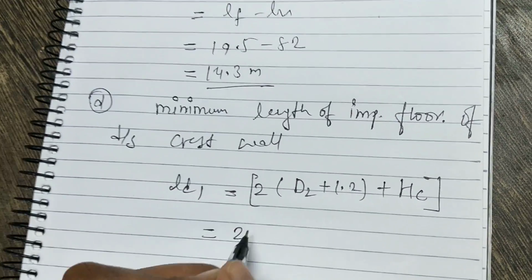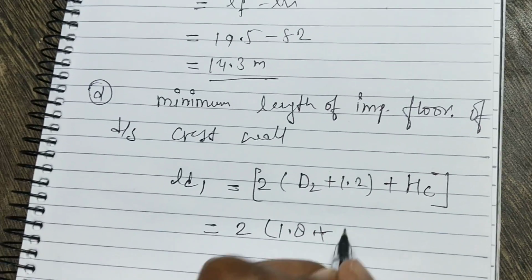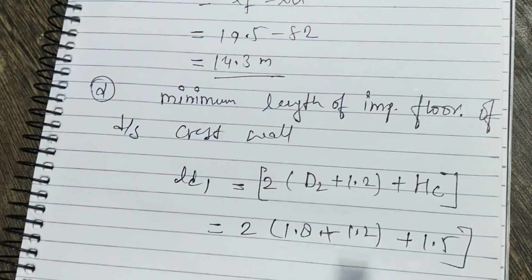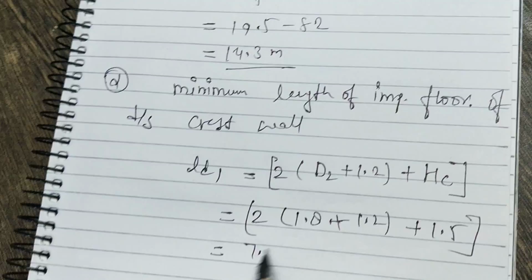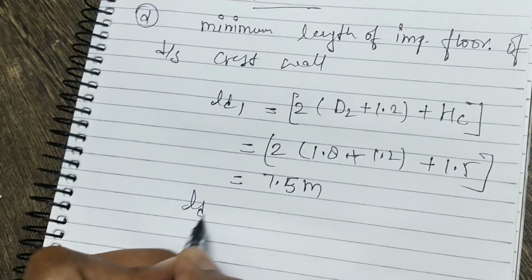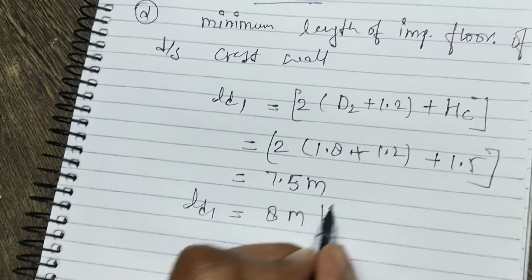Okay, now we will put in all the values. D2 was 1.6 plus 1.2 plus HC is 1.5. By this calculation it will be 7.5 meter. So we will keep the value of LD1 as 8 meter.